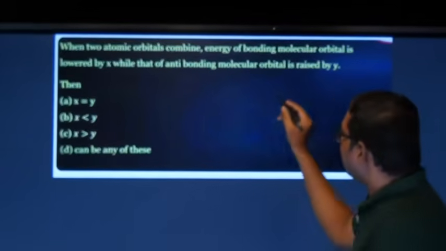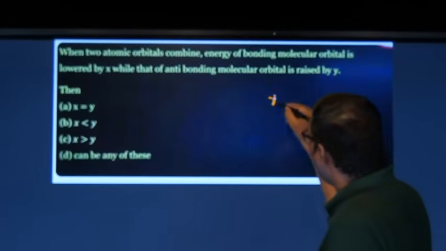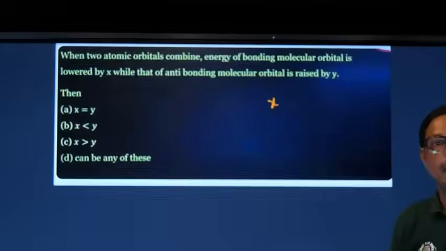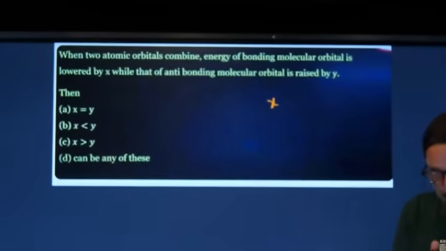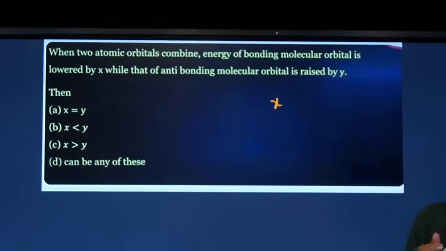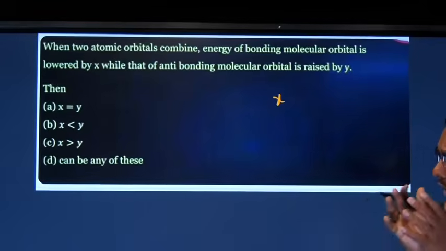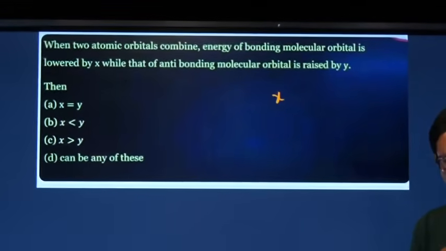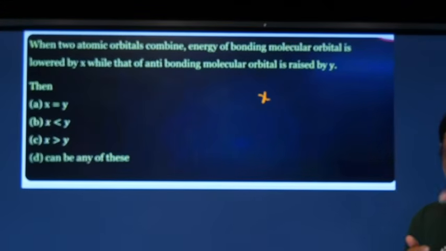Always remember, bonding orbitals are more stable than anti-bonding orbitals. From the energy point of view, anti-bonding orbitals have a high amount of energy, and bonding orbitals have a low amount of energy.